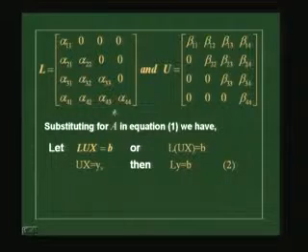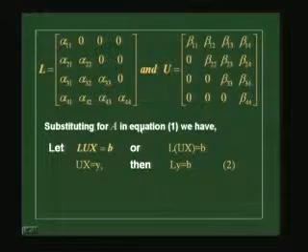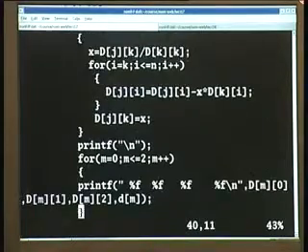That's the choice we made, and in that choice we know that these elements are simply the factors used to eliminate these elements. So that factor was simply stored in that column element.